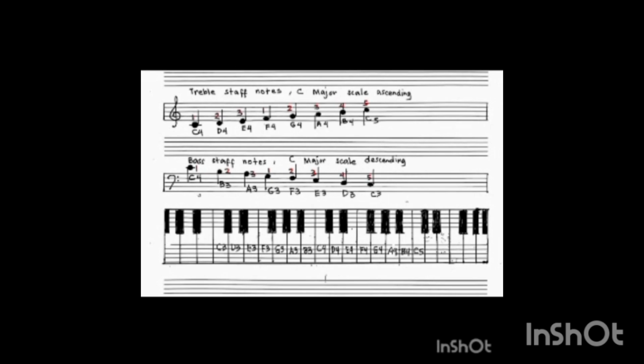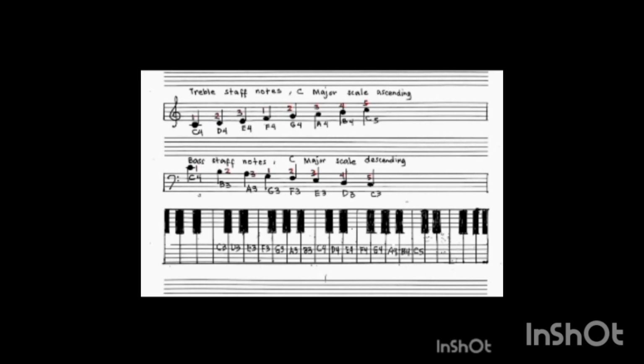Now let's learn some bass staff notes which are played by the left hand. So as you can see in the music sheet, middle C for the left hand has a stem going down, while the middle C for the right hand or treble staff has the stem going up.